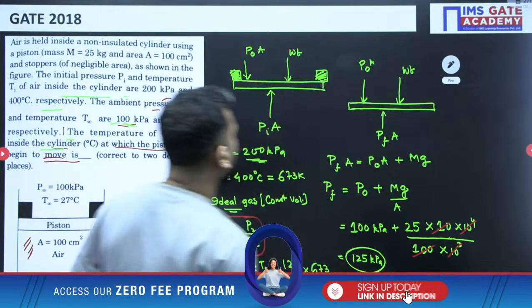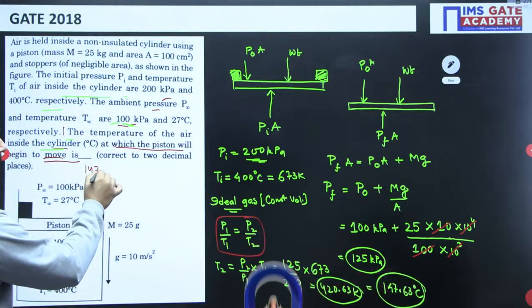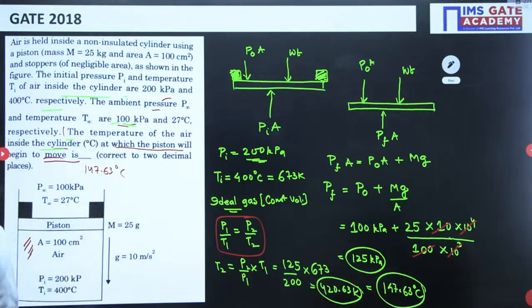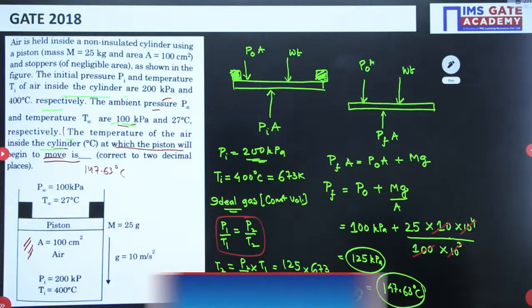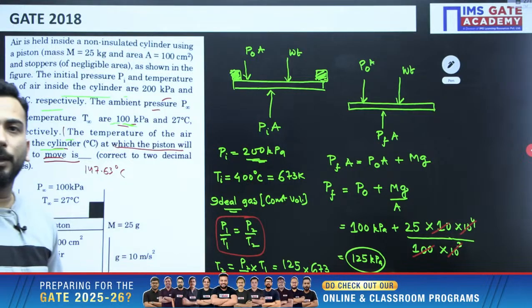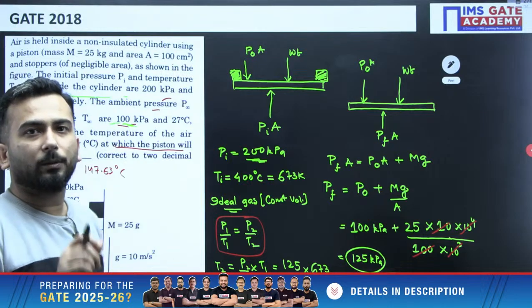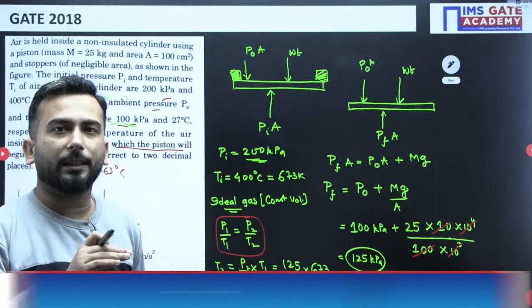He is asking for 2 decimal places, so 147.63 degree centigrade will be your answer, right? 147.63 is your answer.